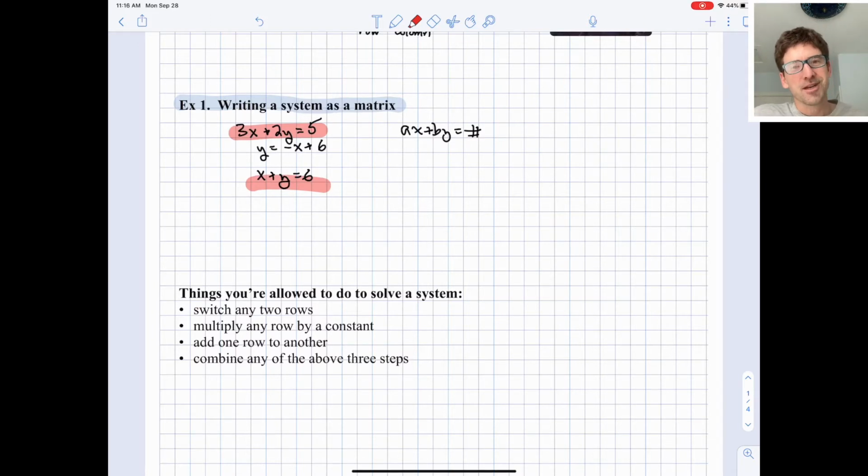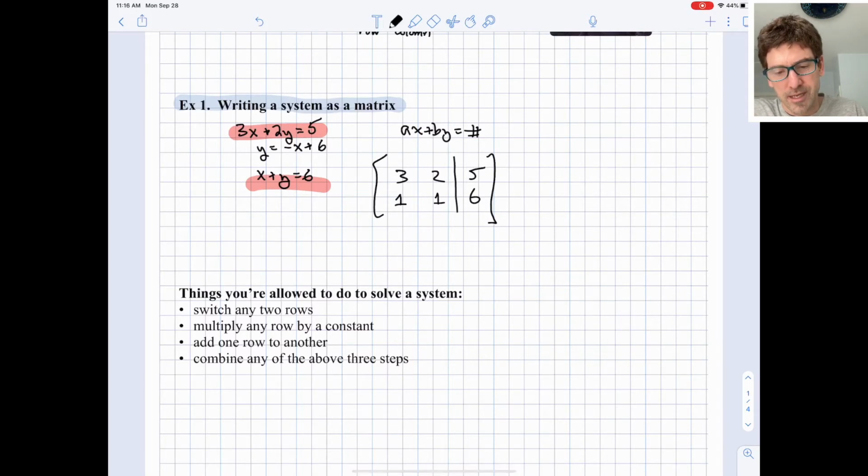And really, writing a system of equations as a matrix really just means eliminating the x's and y's and also eliminating the equal sign, and we'll have a big matrix that looks like this: 3, 2, 5, 1, 1, 6, 2 rows, 3 columns, and we put a vertical line in here to represent the equal sign.